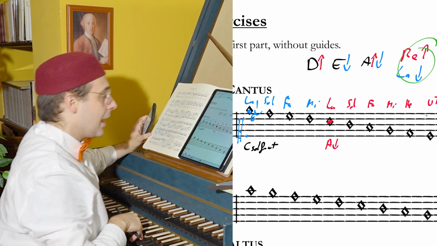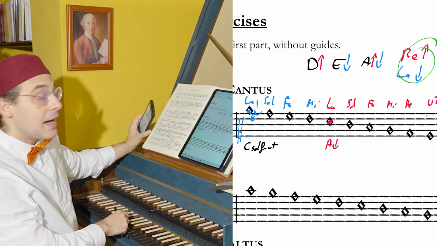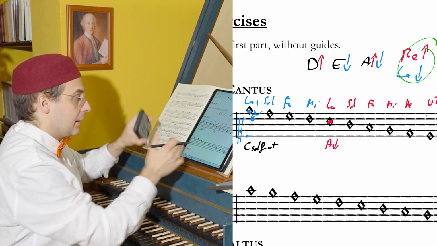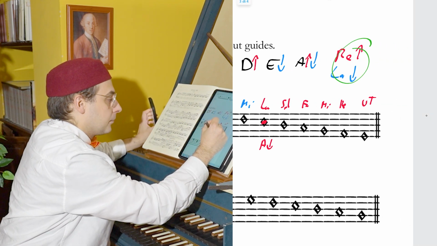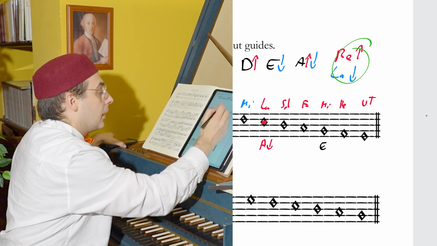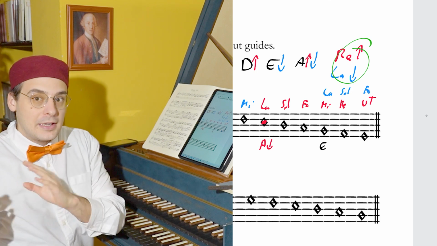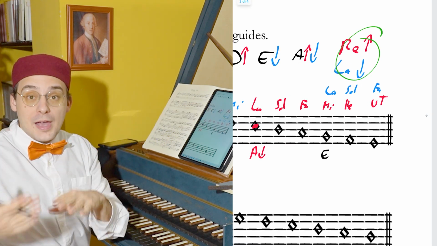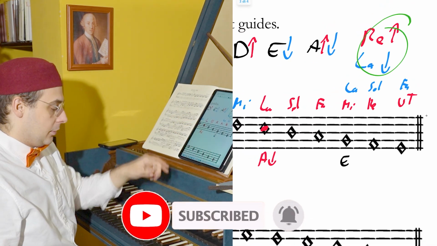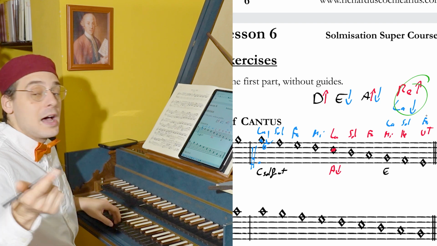So La, Sol, Fa, Mi, Re, Ut. But since we have another E descending in this point, Robertus wrote La, Sol, Fa. And the question is: is this solution, this possibility, valid, as the previous one has La Sol Fa Mi Re Ut? So this way: La Sol Fa Mi, La Sol Fa, La Sol Fa.